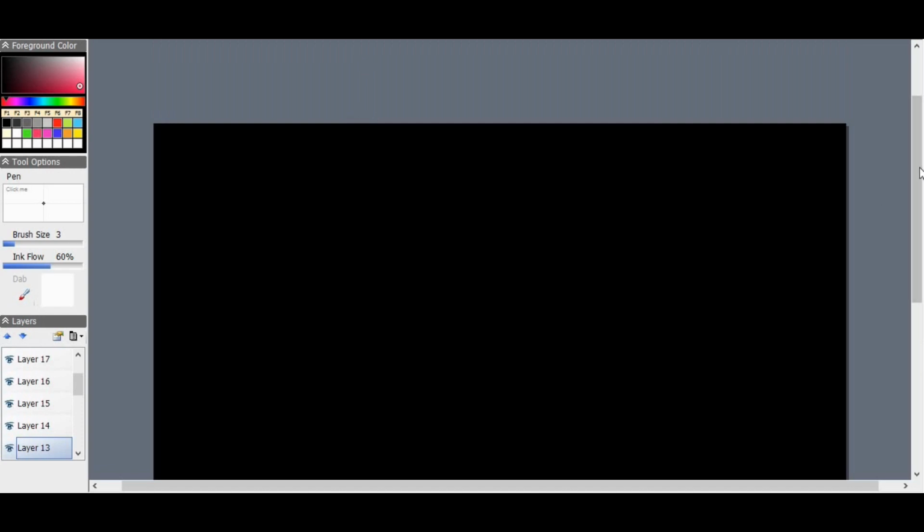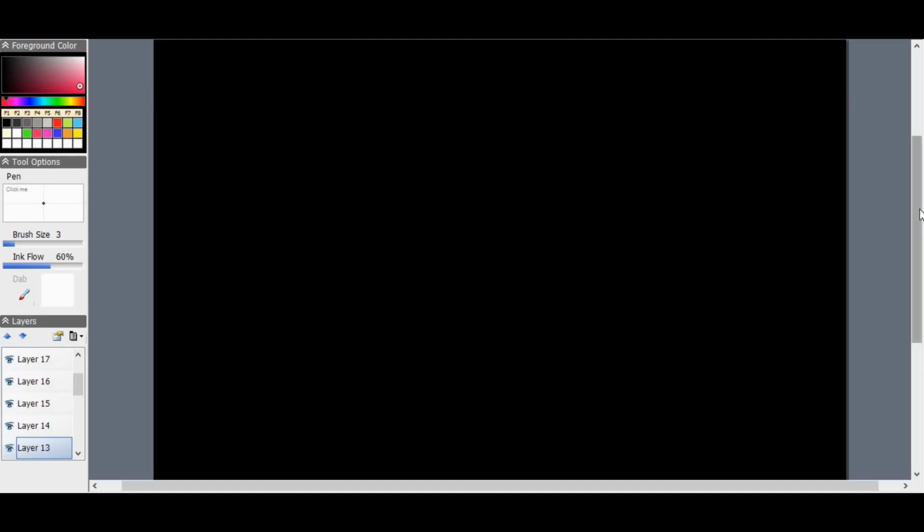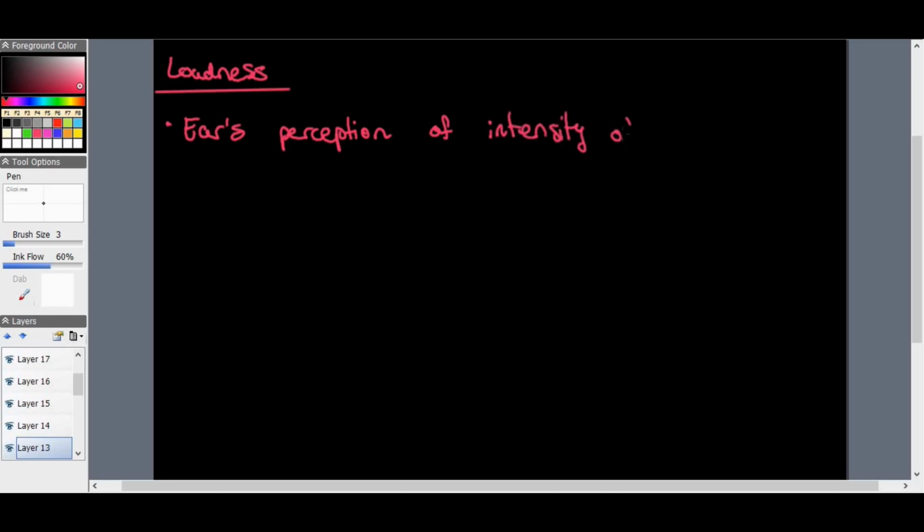Let's just make this board look a bit neater. There we go. Loudness. Usually we'd associate it with pitch after looking at that definition, but loudness of a sound is our ear's perception of the intensity of the sound.